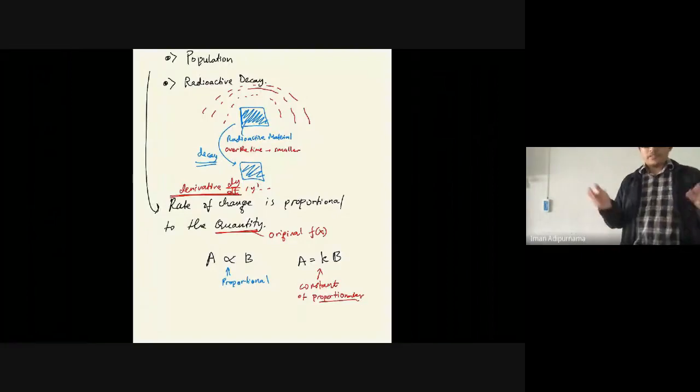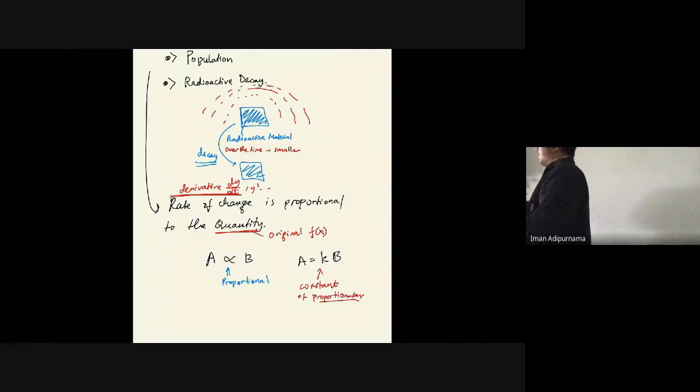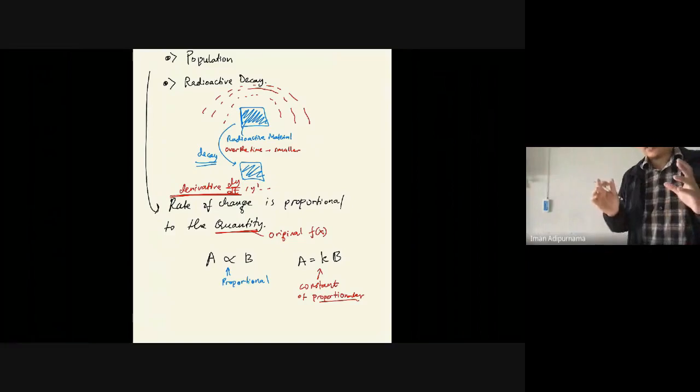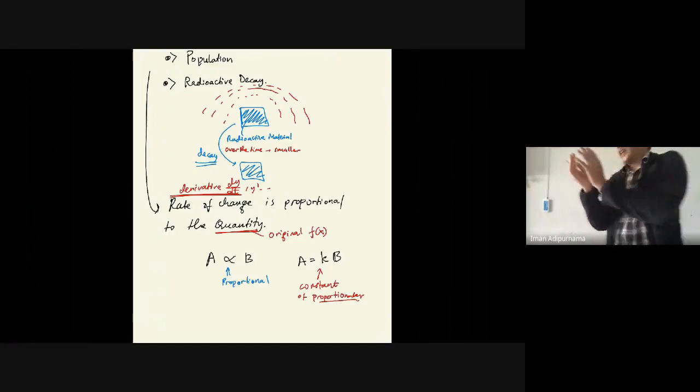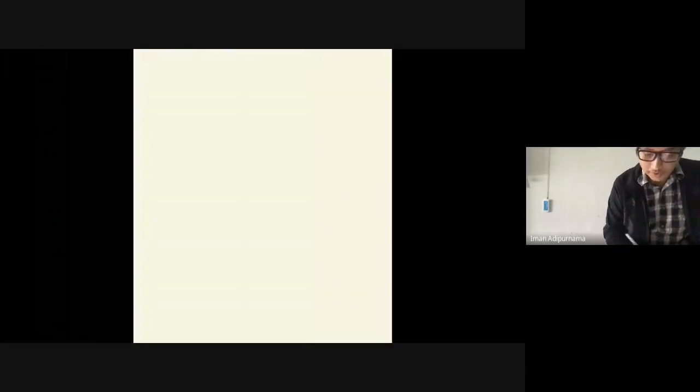So what does it mean that the rate of change is proportional to the quantity? For example, with rabbits or cats or dogs, if the population itself is larger, the breeding and having children is also larger. It's proportionate. If they can multiply by themselves, what do we have?